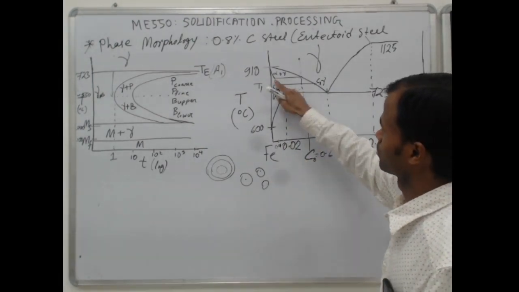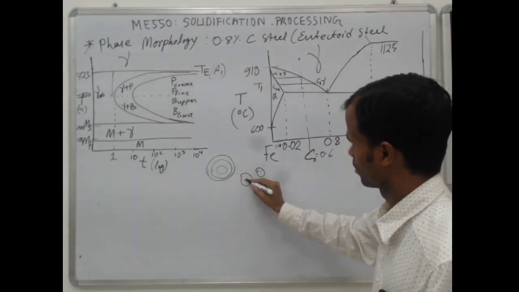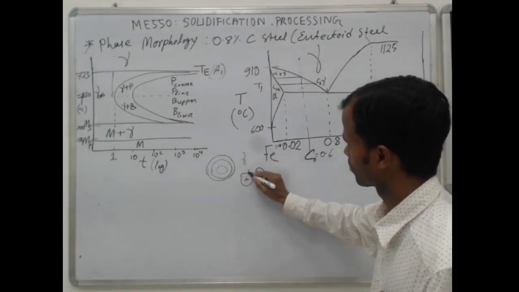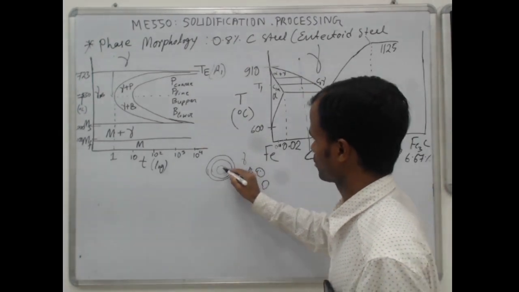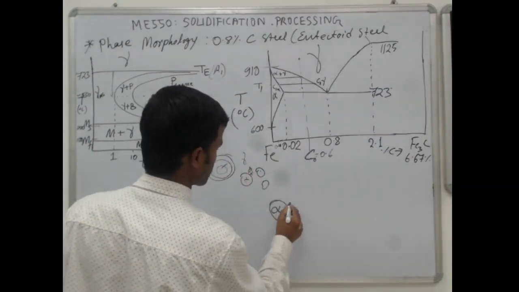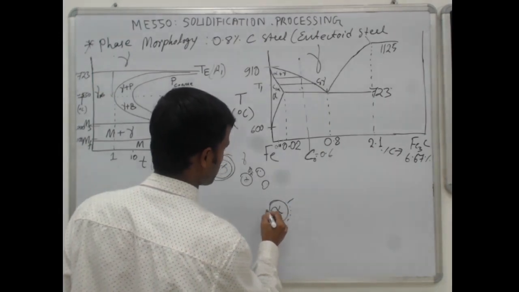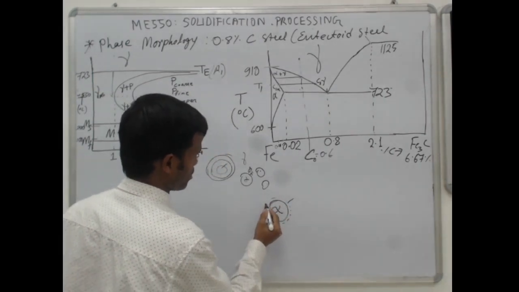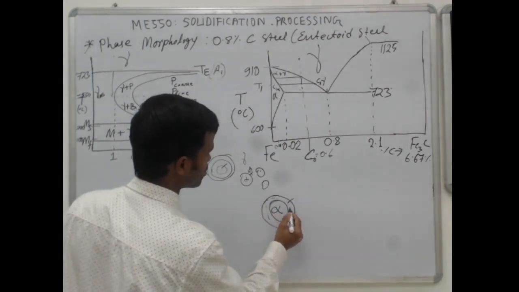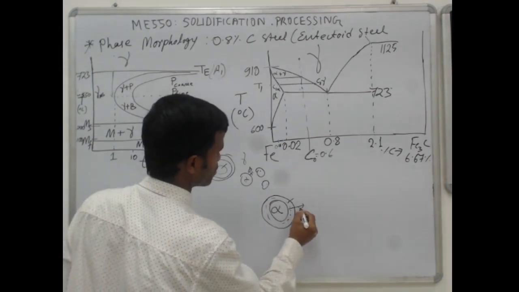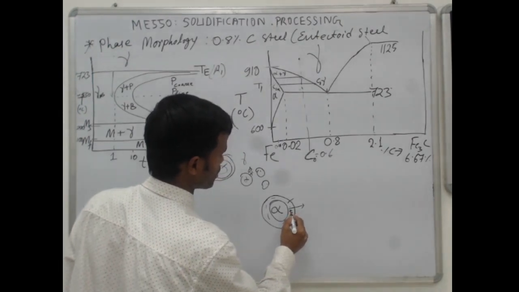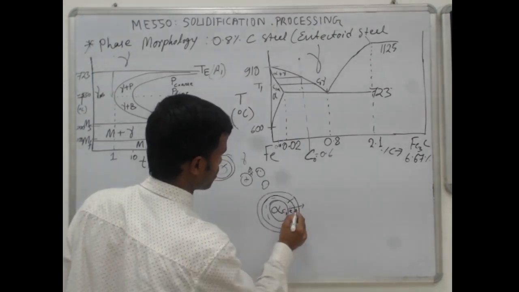So when the first alpha forms from the austenite, the percentage of carbon in the surrounding austenite will increase. The next phase that nucleates will also nucleate by removing carbon, but it will not be able to remove all the carbon, so the percentage of carbon increases, say C1, C2, C3.